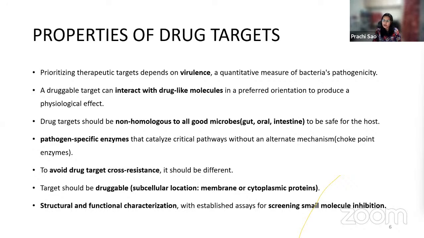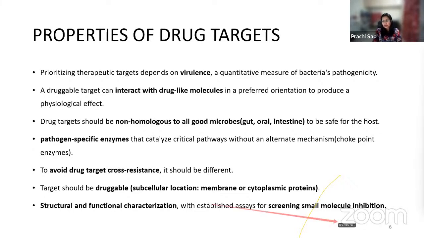So we have to make sure that the proteins we are trying to target are not homologous to the good, friendly bacteria. It is also more beneficial if we target an enzyme, because the bacterial genome is very small and they have few enzymes which are very essential for their basic metabolism. So if we are able to target some of the enzymes, that will be even better.